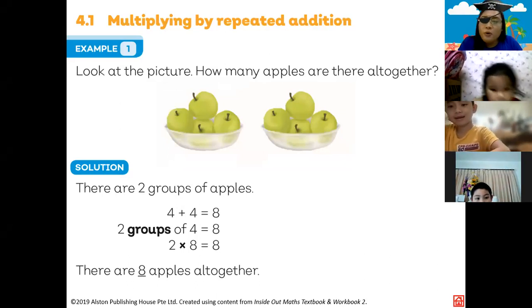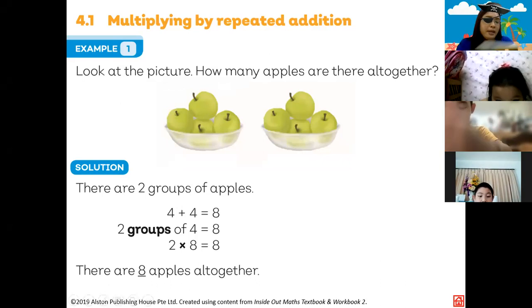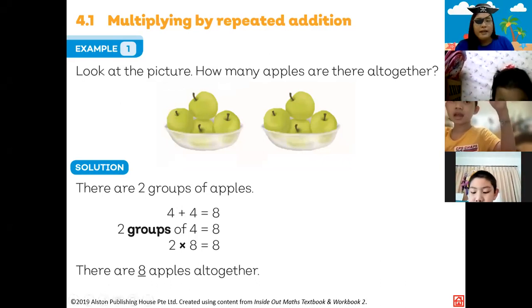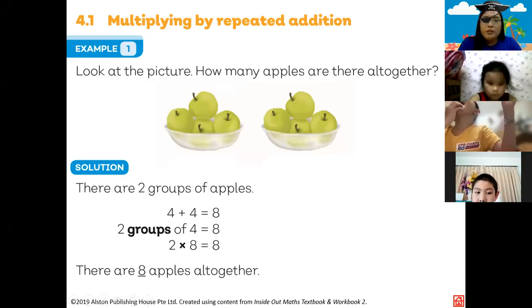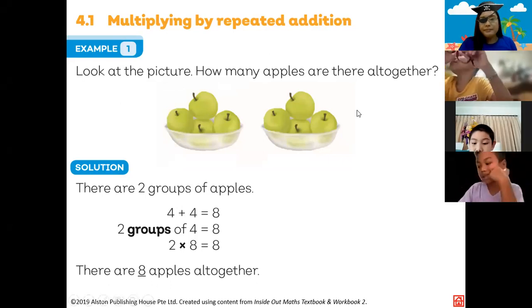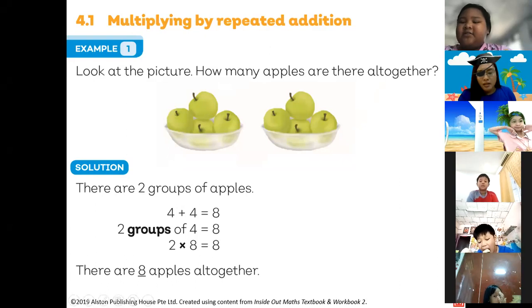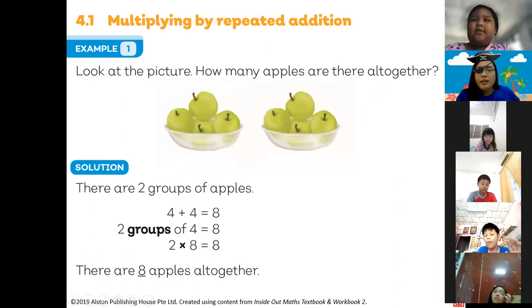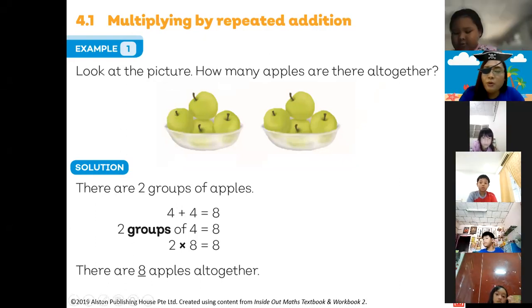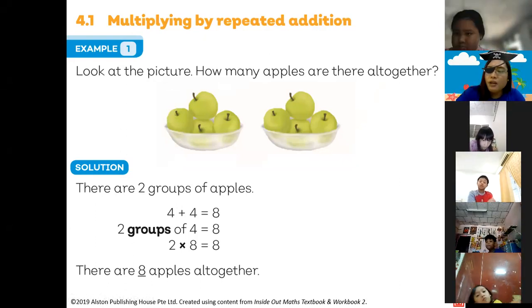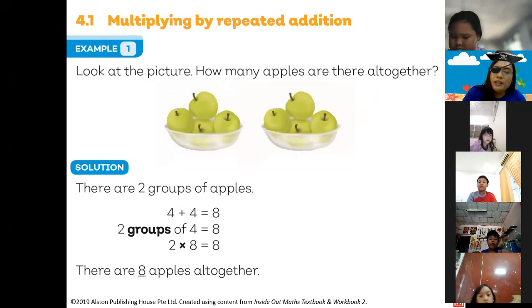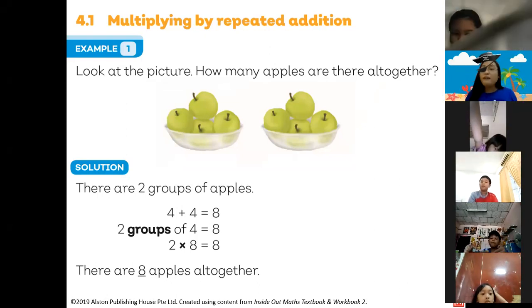For those who have a book, you can open on page 55. Teacher Maria, yes, what page number? Page number 55. Again, for those who have their book, you can open on page number 55.